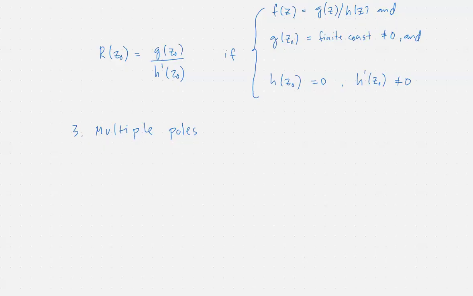So when f of z has a pole of order n, this is the method that we can use.